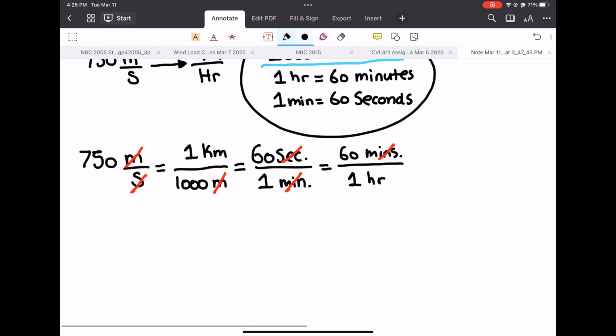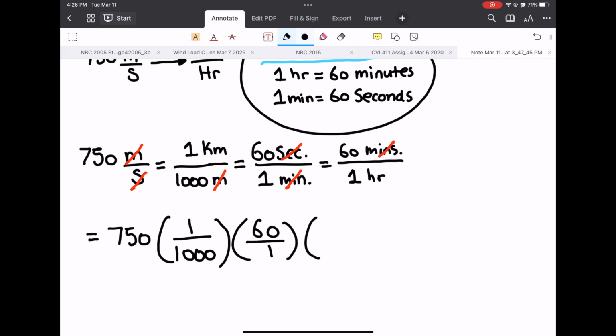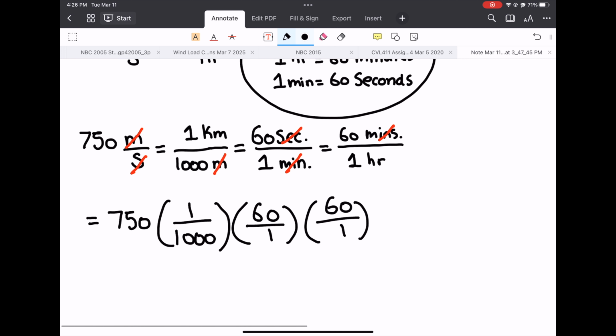Now we're going to put it in the calculator just like this: 750 times 1 over 1,000 times 60 over 1 times 60 over 1.